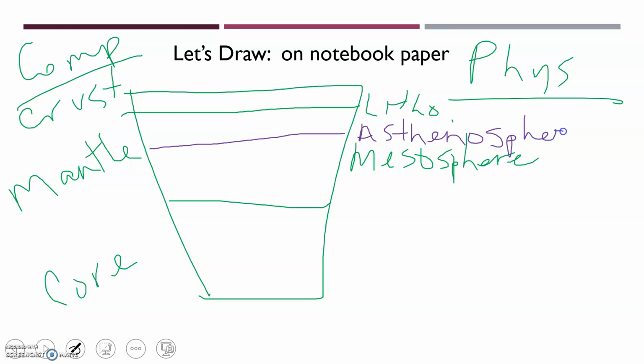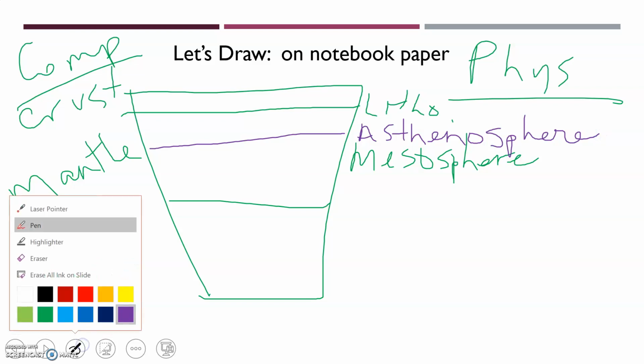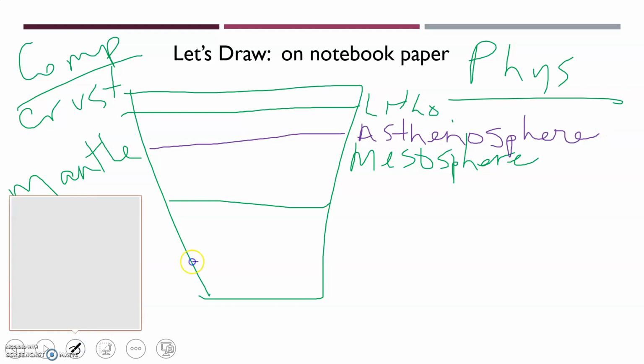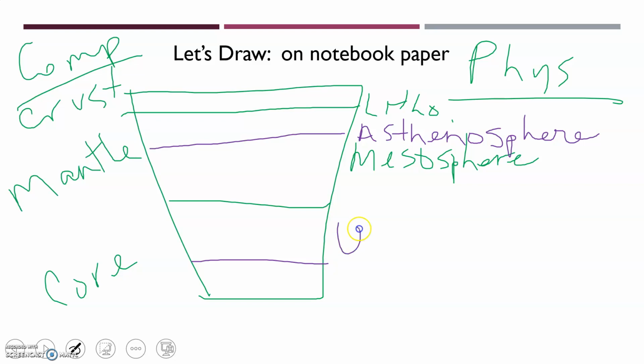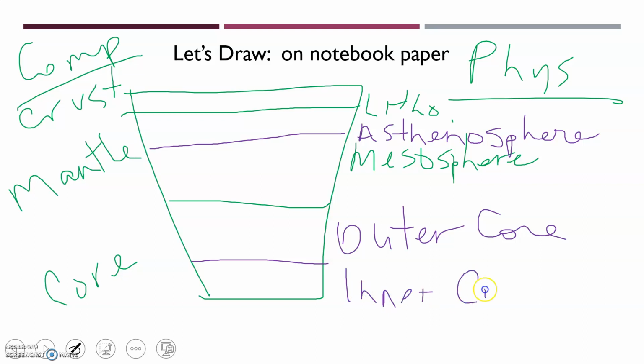Then we're going to switch back to, well, actually we'll say purple. Then we're going to divide, and we're going to have the outer core and the inner core. All right, sorry about my horrible drawing. Hopefully yours is better, but there we have it. Composition is the 3 layers, physical is the 5.